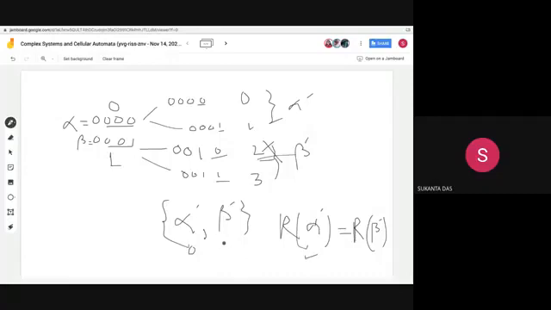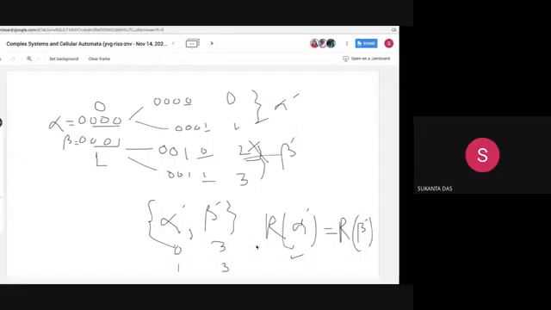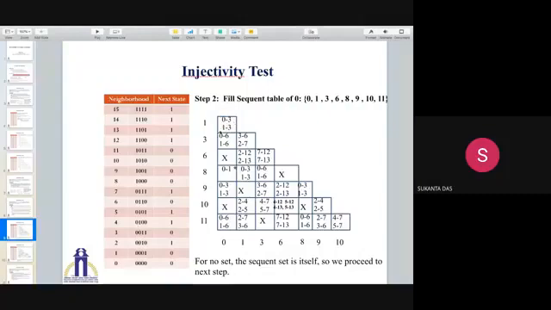If it is 0 and 3, then this condition is satisfied. And next, 1 can be alpha dash, because 1 has the same next value as 0, and with 3, here 1 and 3, they also have the same next value, right? So I have written here 0, 3 and 1, 3. So from set 0 and 1, I am getting 0, 3 and 1, 3.